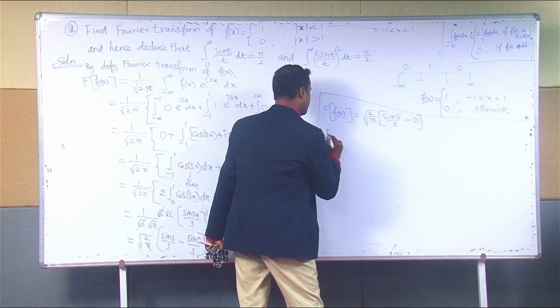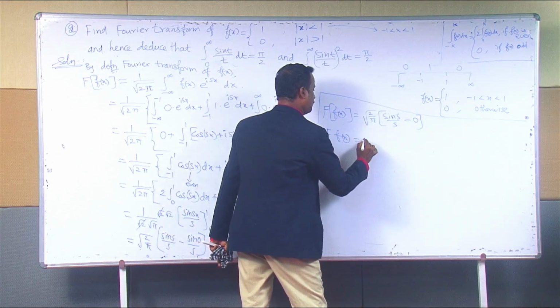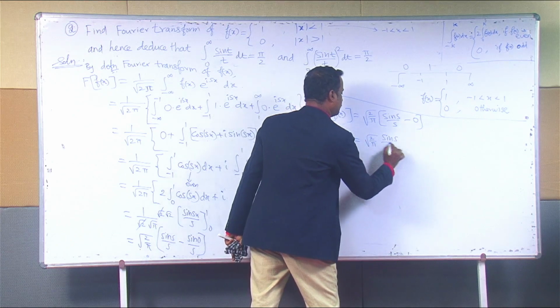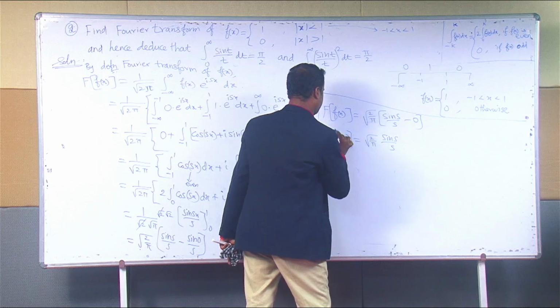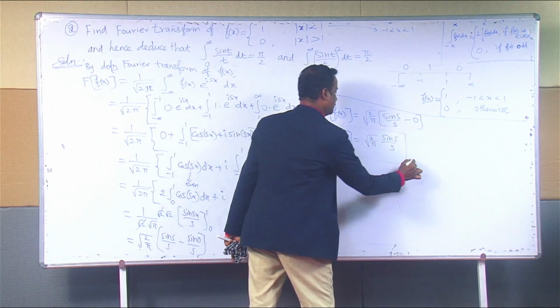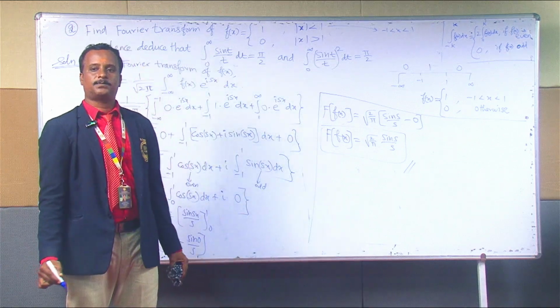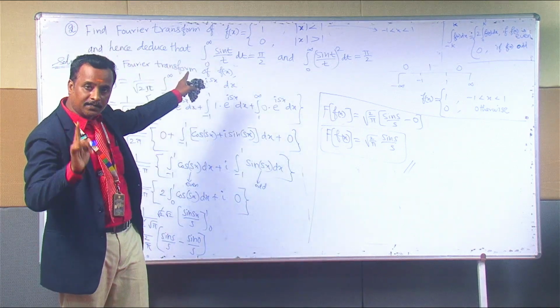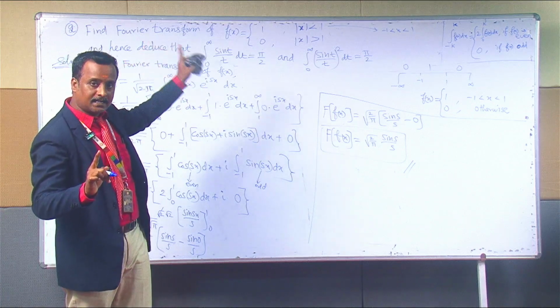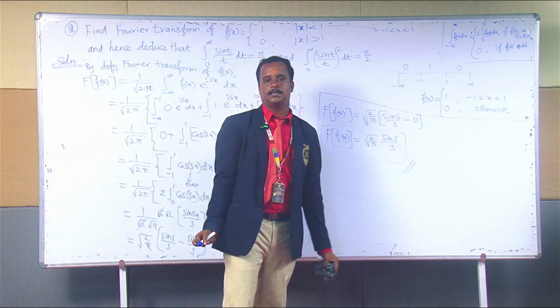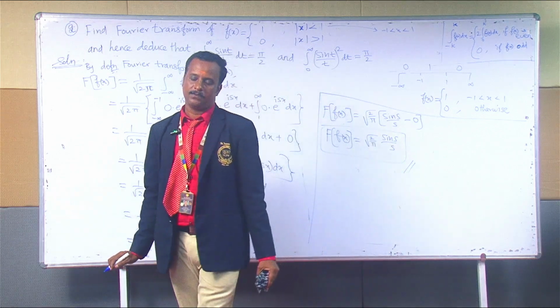So the Fourier transform of f of x is equal to root of 2 by pi sin s divided by s. This is the first part of the problem. So what's the first part? The first part is we have to find the Fourier transform of the given function. That is root of 2 by pi sin s by s, our Fourier transform of the given function.